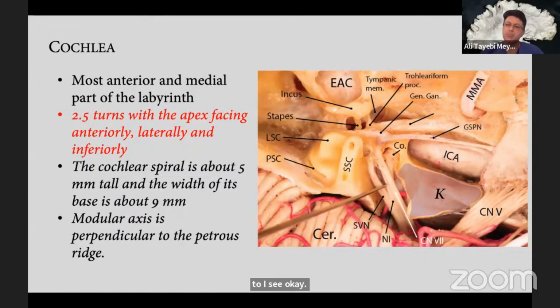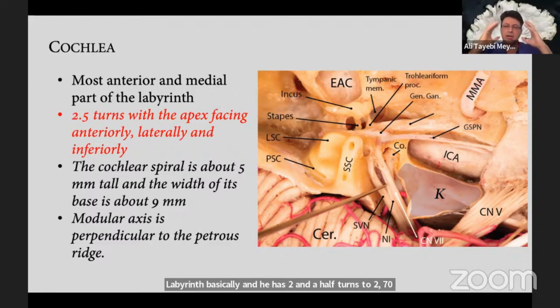Now, the cochlea is another bony structure because we're talking about the bony structures in the middle fossa here mostly. And this will probably be the last part of my talk. You can see that the cochlea is part of the bony labyrinth, and it has 2.5 to 2.75 turns.